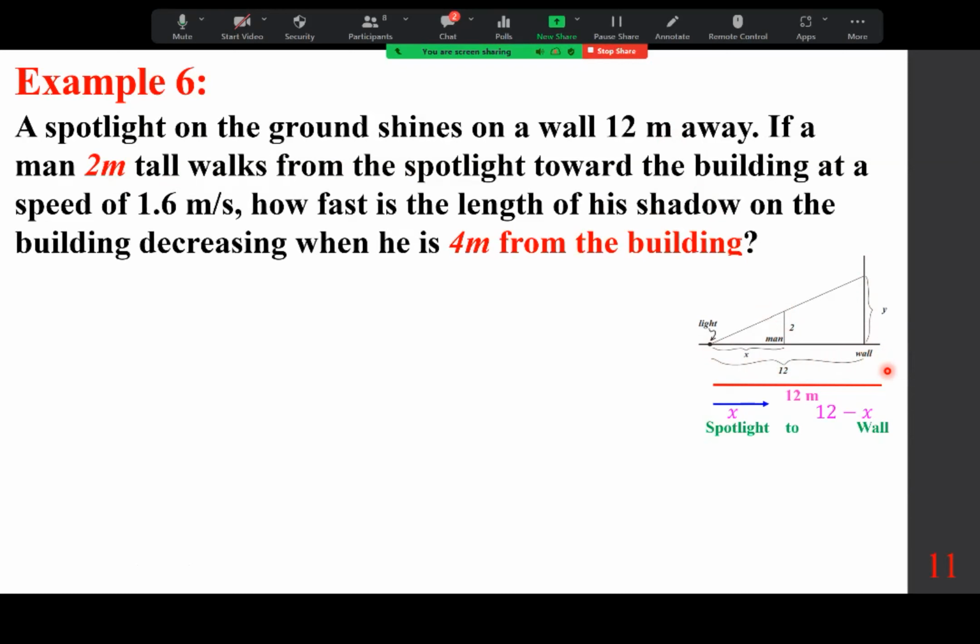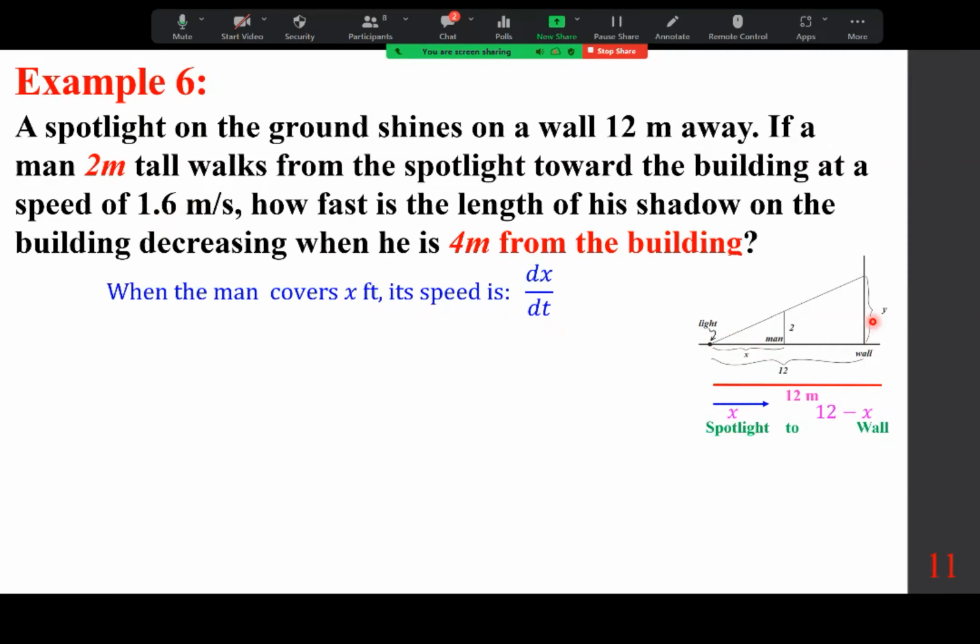And we want to know how fast is the length of his shadow on the building decreasing when he's 4 meters from the building. That means this distance. And what is this distance? 12 minus x. So when 12 minus x is 4. When the man covers x amount, its speed is dx dt, which is 1.6 meters per second.